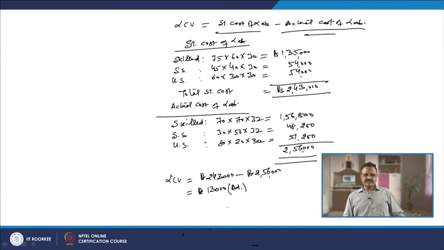It means, in a nutshell, you can say the labor cost we have actually paid is more. Why? A sum of 13,000 rupees. In such a small amount of work, where it was expected to be completed in 30 weeks, it was completed in 32 weeks. We decided some composition of the skilled, semi-skilled and unskilled workers, but actually we involved a different number of workers in all the three categories.